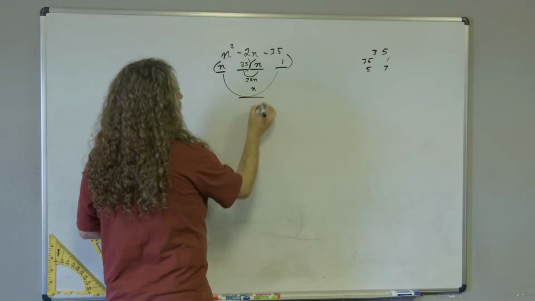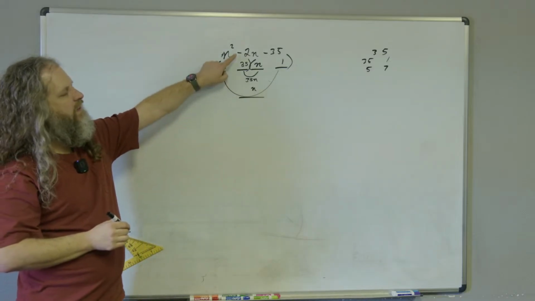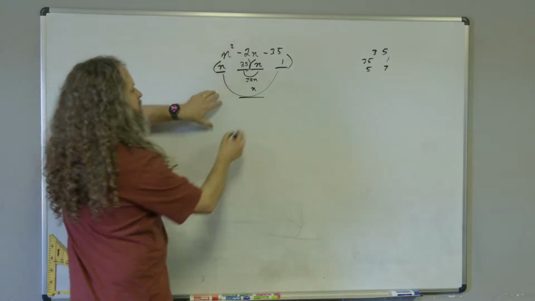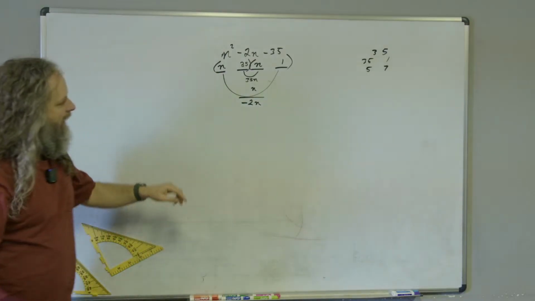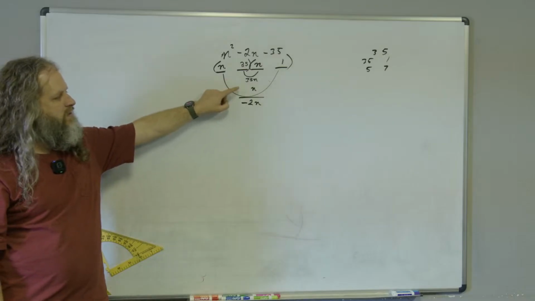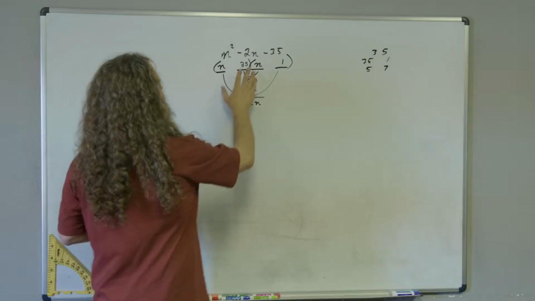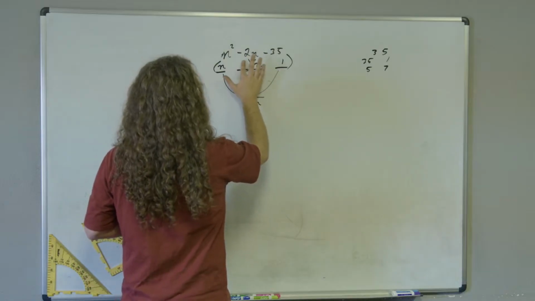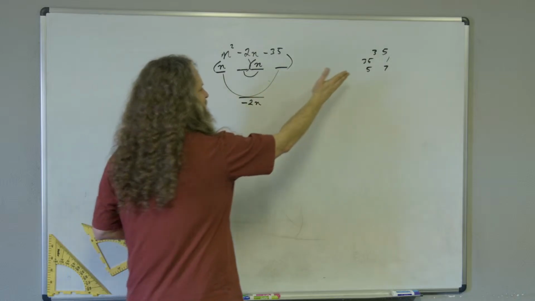Now, we are trying to either add or subtract these numbers to get this one. So can you, in any way, shape, or form, add 35 and 1 to get a negative 2? No, you cannot. We picked wrong. Good job, team. So now that we've guessed that, let's guess our other option.